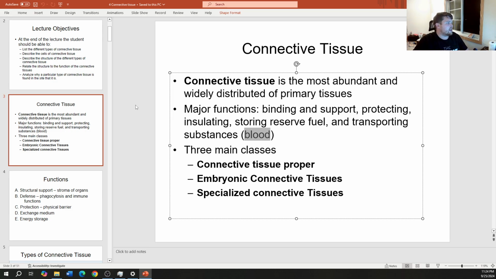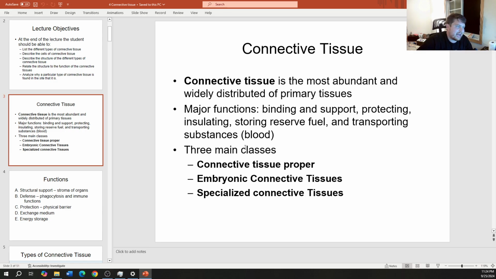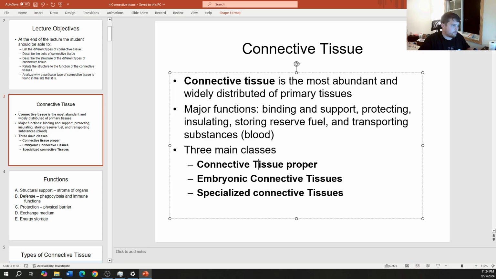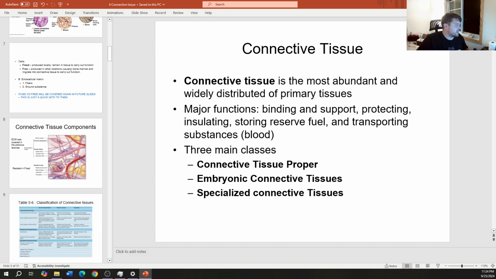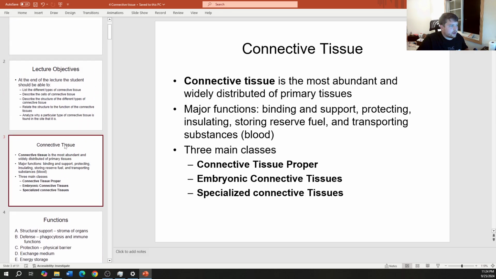So there's three kind of categories or classes. There is connective tissue proper, kind of put proper in air quotes. These are like our actual, what you would think of being connective tissues, okay?